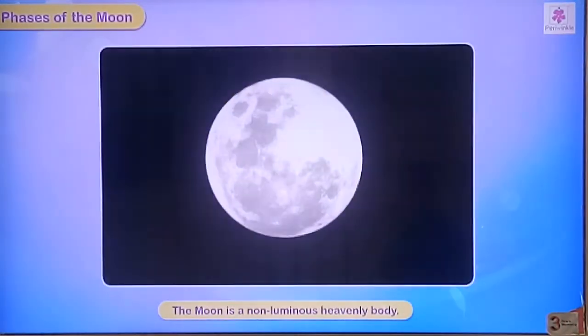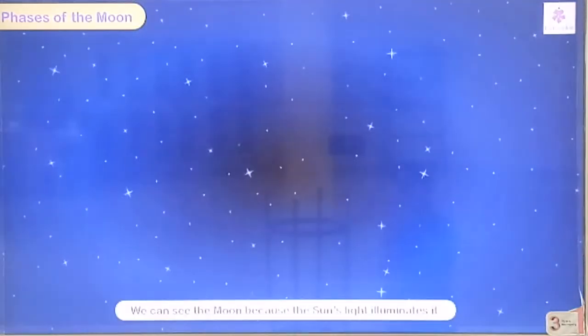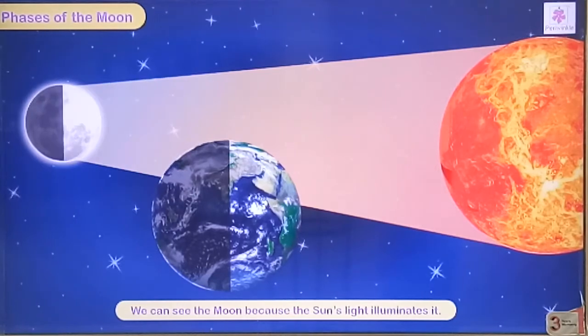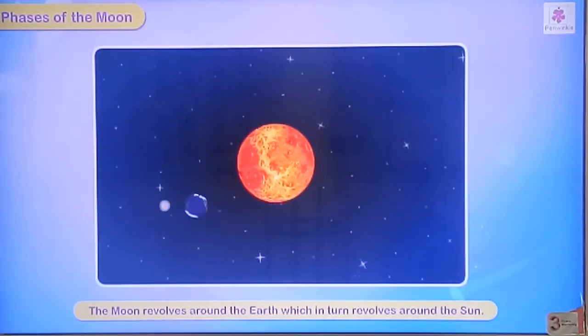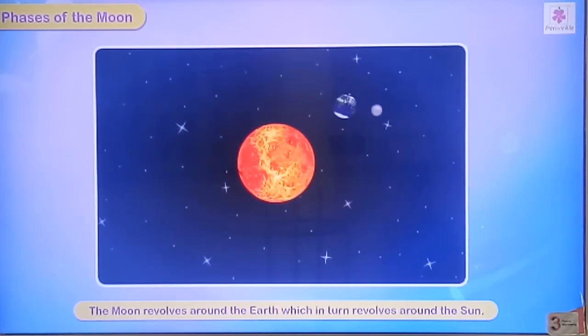Phases of the moon. The moon is a non-luminous heavenly body because it does not have its own heat and light. We can see the moon because the sun's light illuminates it. The moon revolves around the earth, which in turn revolves around the sun.